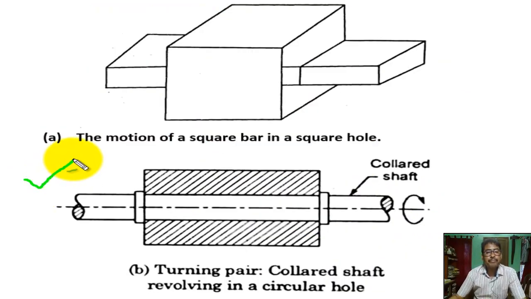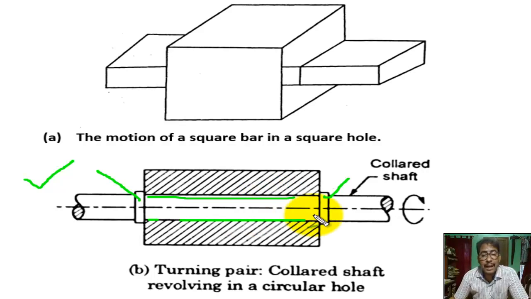Second example, this is a shaft with collar. The motion of a shaft with a collar at each end in a circular hole. This is the circular hole.